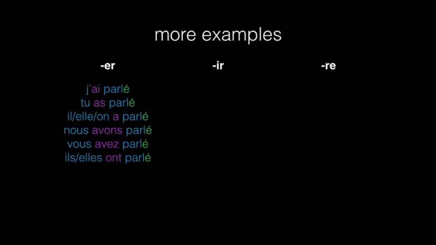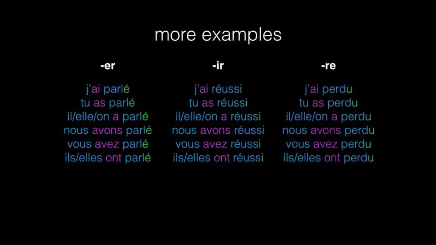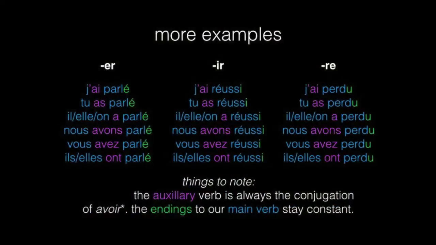Here are some more examples. This is just a full conjugation table for selected verbs. I'm using parler, to speak, réussir, to succeed or pass, and perdre, to lose, for my example verbs here. And you should note, I've color-coded things here.